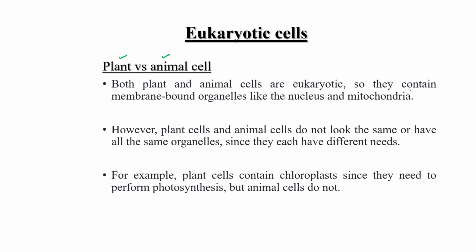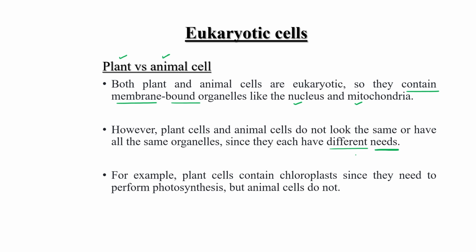They both contain membrane-bound organelles like the nucleus, mitochondria, Golgi complex, endoplasmic reticulum, and so on. However, plant cells and animal cells do not look the same and do not have all the same organelles, since they each have different needs.